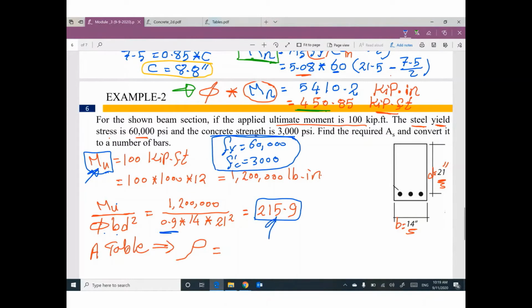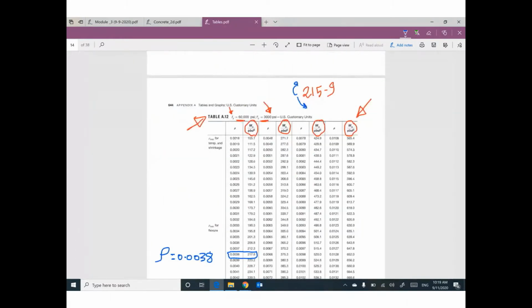Please pay attention to which table you are using based on the value of F yield and the value of F prime C. Once you select the appropriate table, I can figure out this value and then rho from this table. Please go back. 0.0038. I need to write it out, 0.0038.